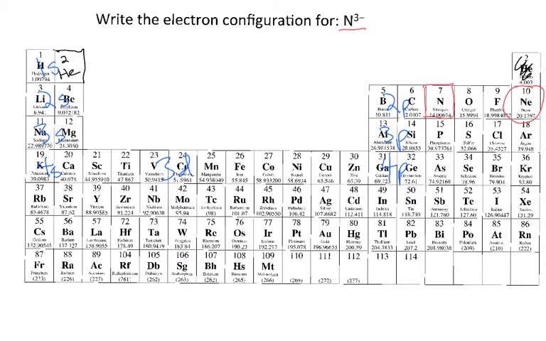So when I ask for the electron configuration of N3-, you can think about that as if I'm asking for the electron configuration of neon. First I fill the 1s, so 1s2, then I have 1, 2 in the 2s, so 2s2, and I go to nitrogen plus 1, 2, 3 more, so I have 2p6. This is the electron configuration of N3-.